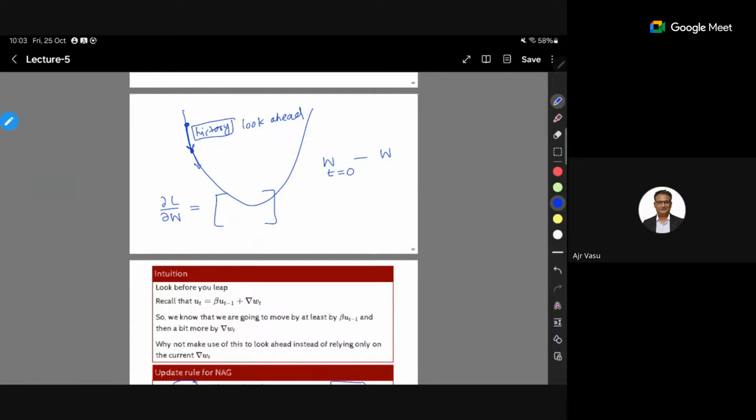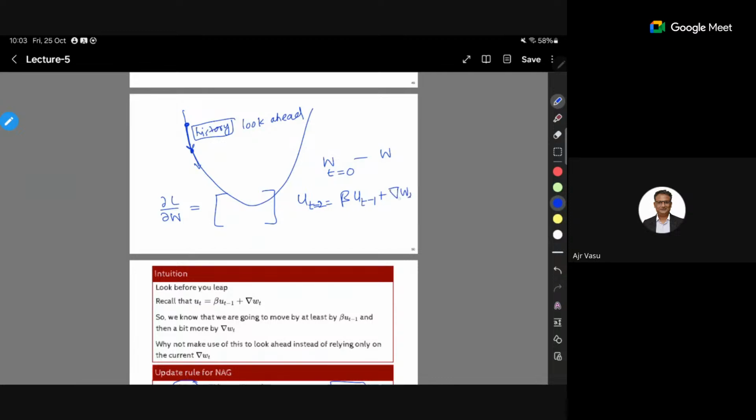Yeah. This part I can do, right? Now same thing when I go for more iterations, maybe T equal to 2. Or let's just go in U only, let's say U_t for T equal to 2. What will I have? Beta times U_t minus 1 plus del W2.